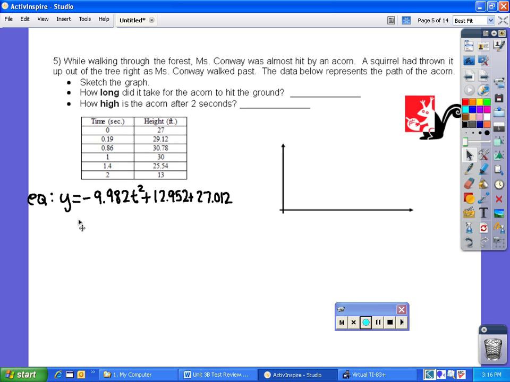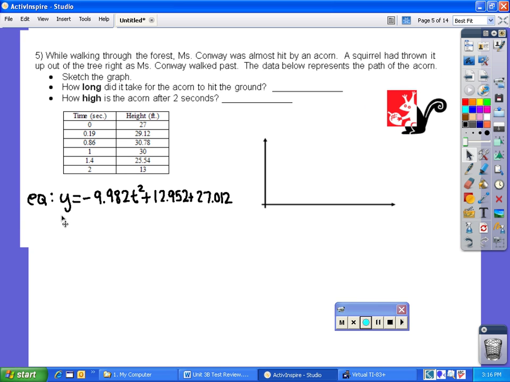Alright, so our vertex, or you guys know that as the max, is 0.649, 31.213. Now your numbers might be different if you didn't round this properly.